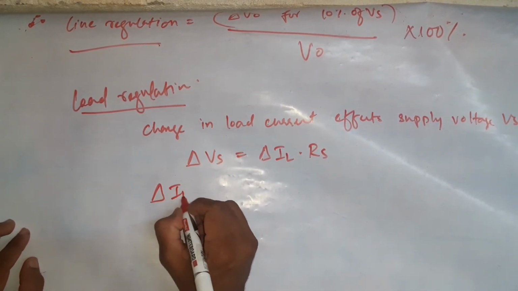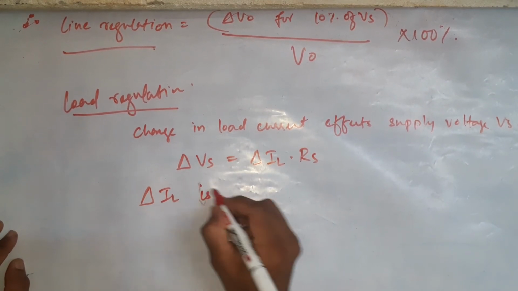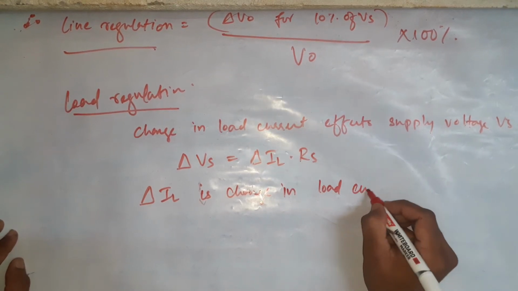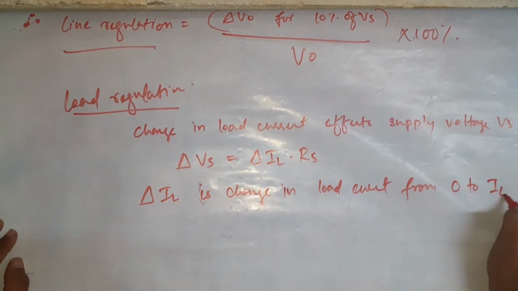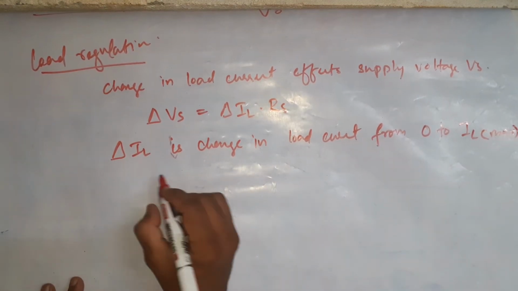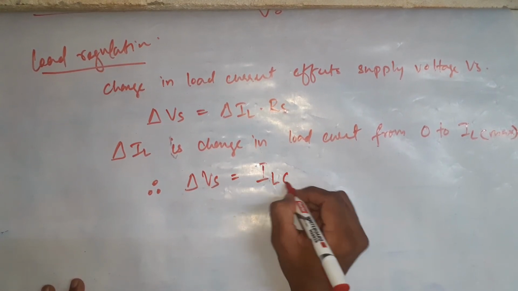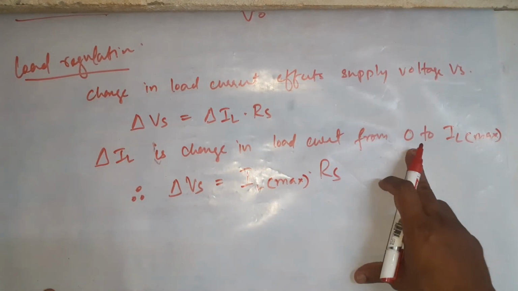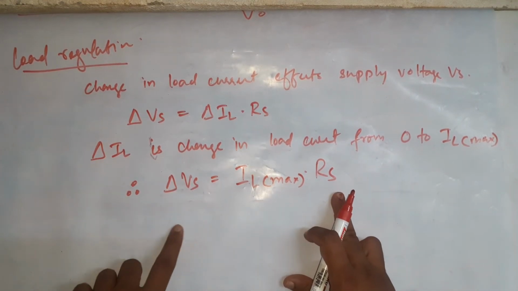Where change in IL is the change in load current from 0 to maximum. Therefore, we can write change in Vs equal to IL maximum into Rs. See, 0 is 0, so we will be considering only IL maximum. So IL maximum into Rs will give you change in Vs.